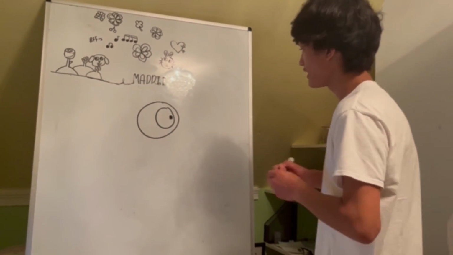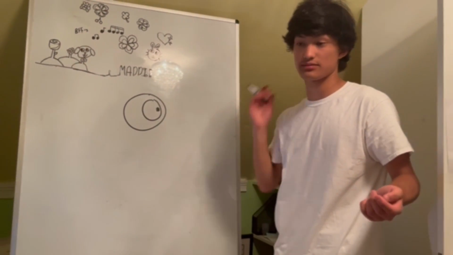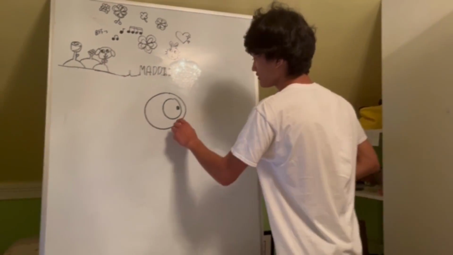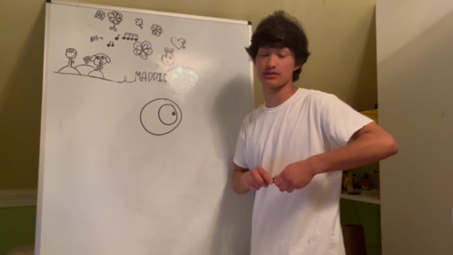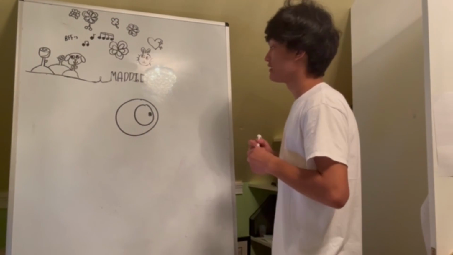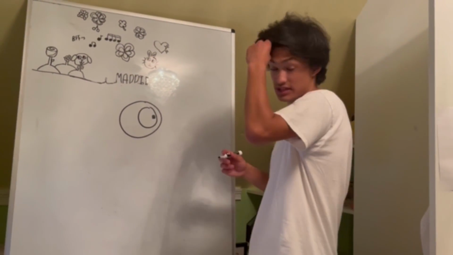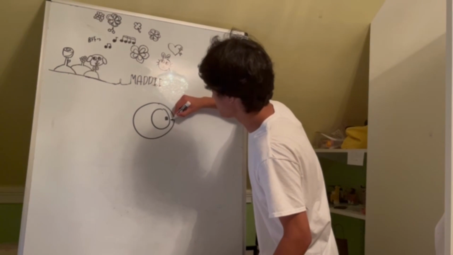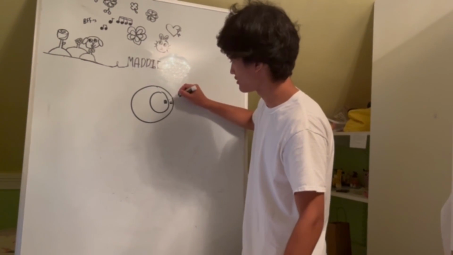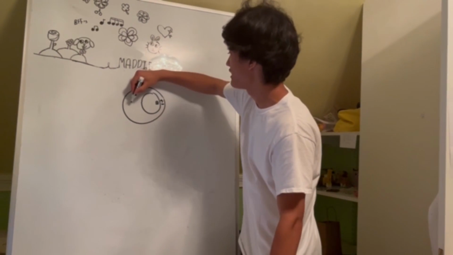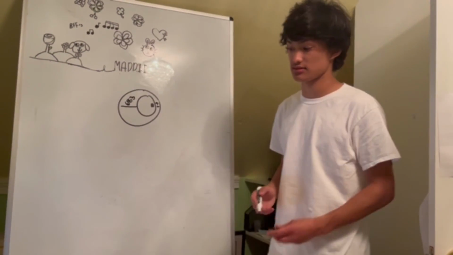And if this source was going around like 340 meters per second, and since the speed of sound is 343 meters per second, if each pressure wave was released 1 second apart, then this distance would be around 3 meters. And then this distance would be 683 meters.